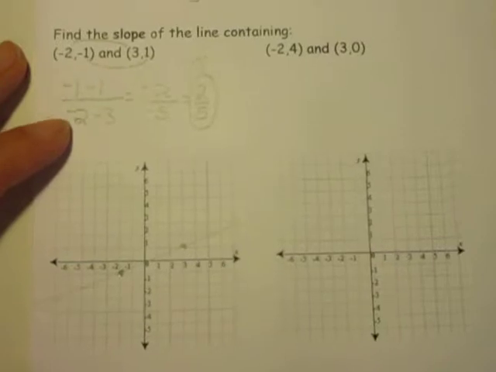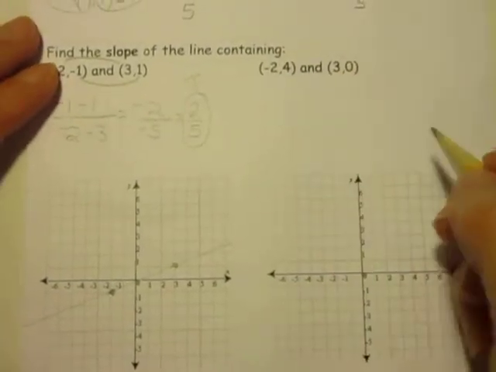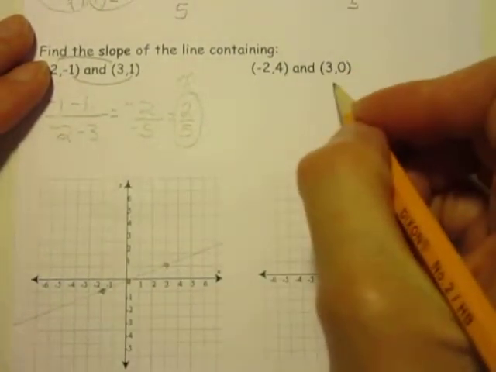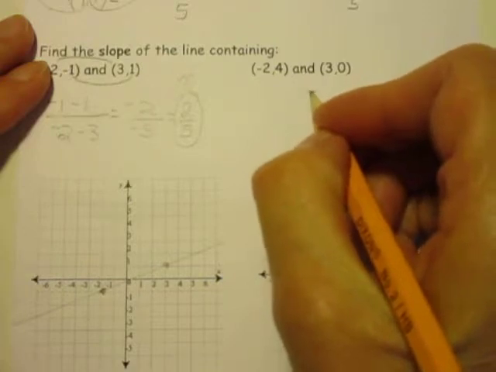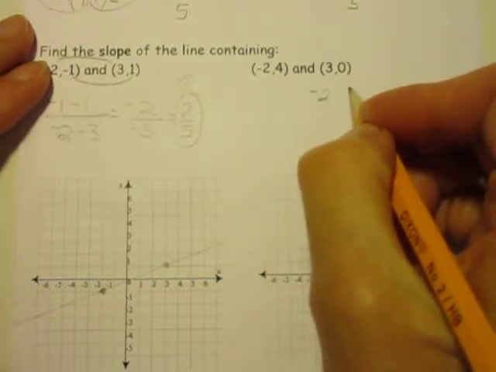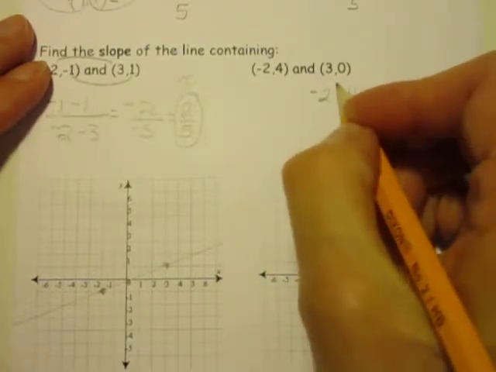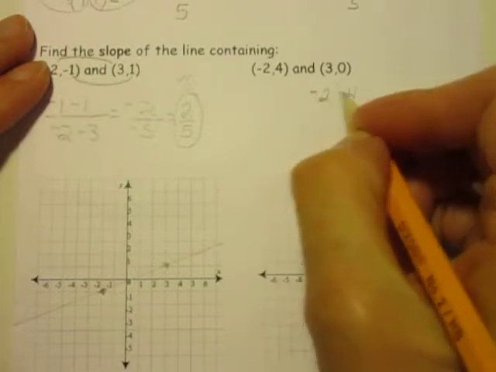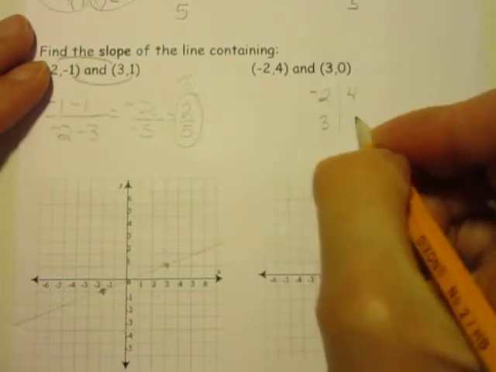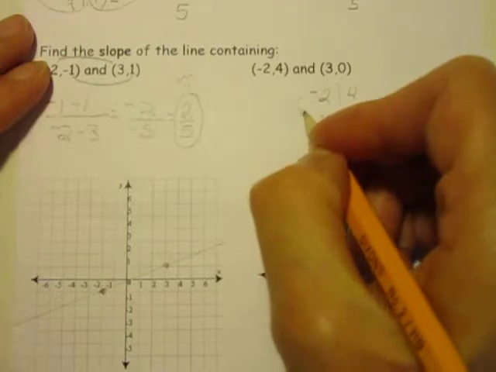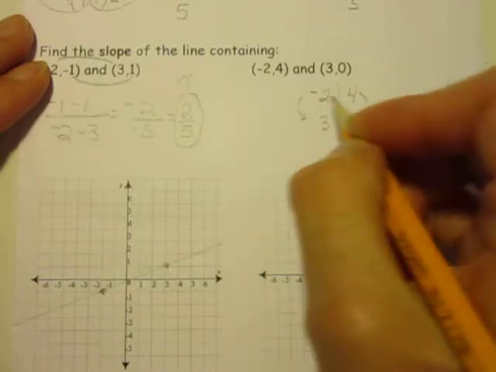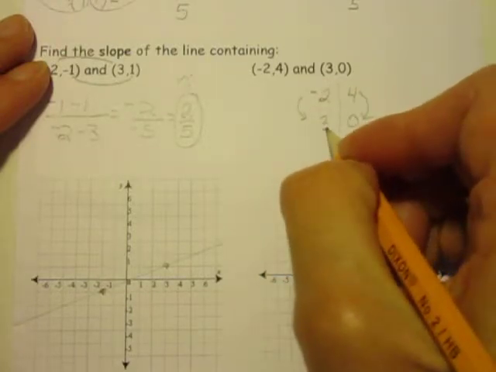Okay, let's go ahead and practice the second one here, where I'm going to do the other method where I'm going to stack my points. And I'm not going to put my parentheses or my commas in here. I'm going to have -2, 4, 3, 0. And I'm going to ask myself how to get from there to there. How to get from -2 to 3?